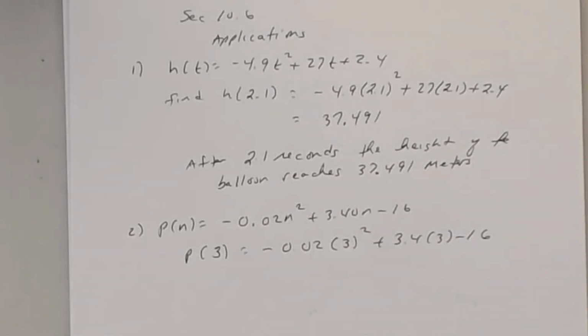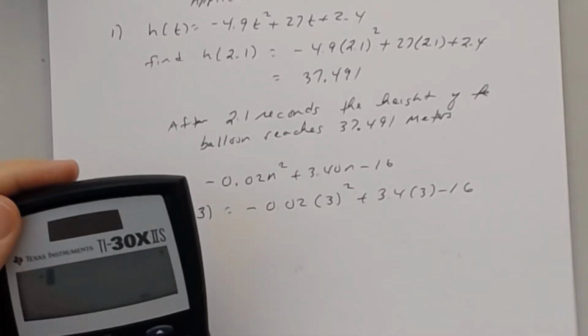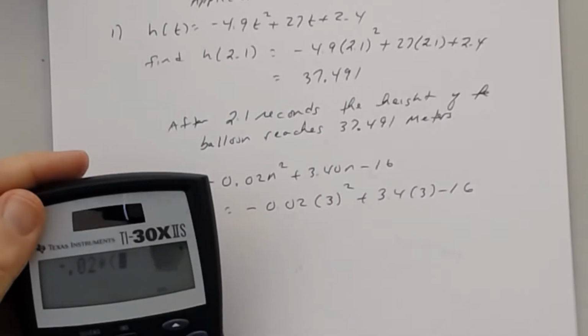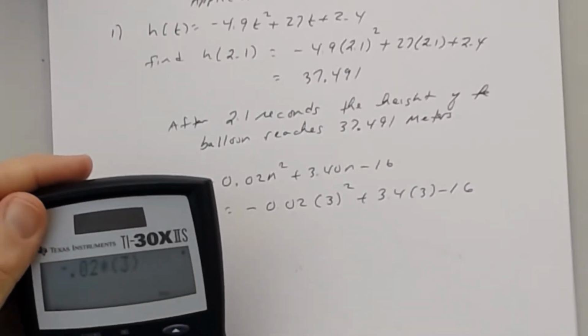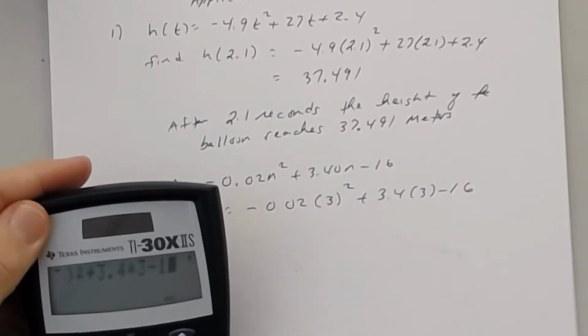And just use your calculator. Even though you wrote all this correctly, it's very easy to use your calculator incorrectly, so you need to be careful. That's negative 0.02 times 3 squared plus 3.4 times 3 minus 16.